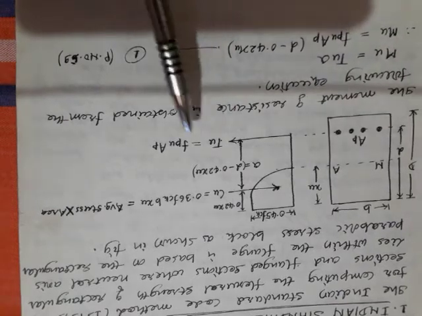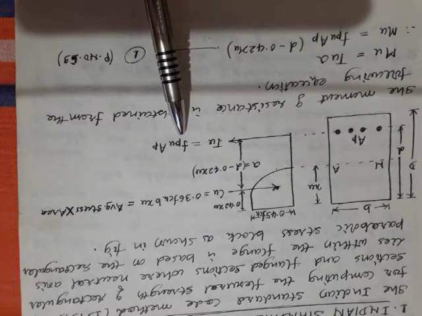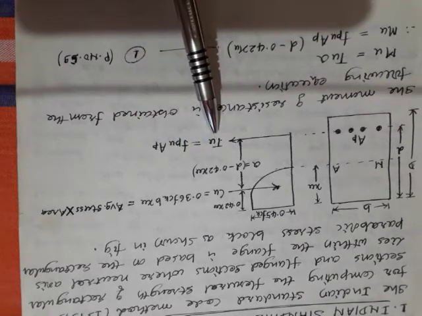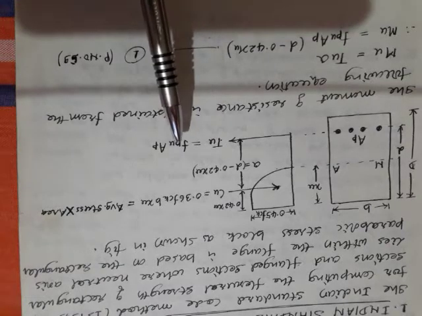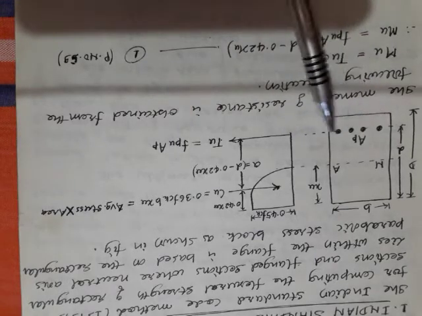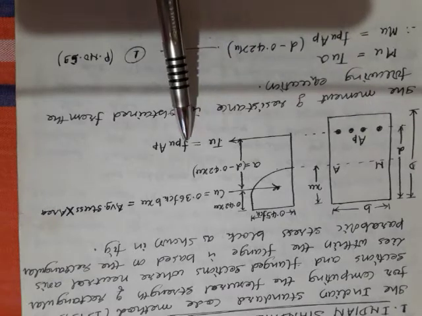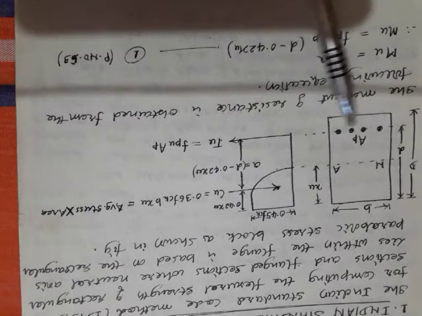TU is given by FPU into AP, in the sense stress into area, which gives the force. FPU is the stress in the cable at the ultimate state, and AP is the area of this pre-stressing steel.